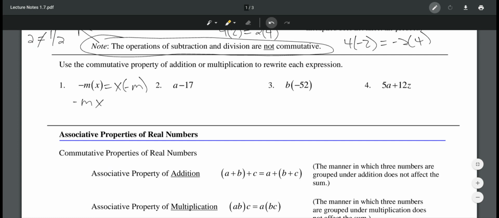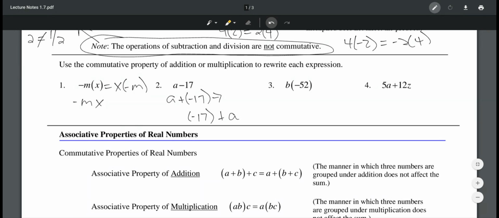Now, if you are rewriting number 2, you cannot rewrite a subtraction problem. But if you recall from our lesson on subtraction, I can rewrite that as a plus the opposite of 17, and then I can switch it to negative 17 plus a.